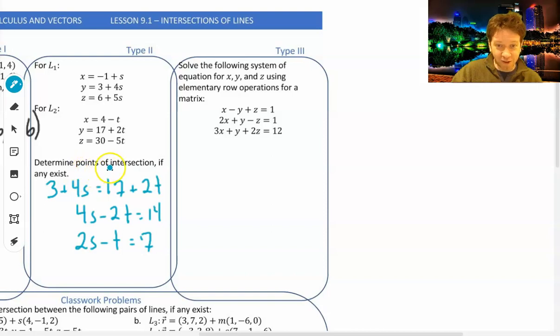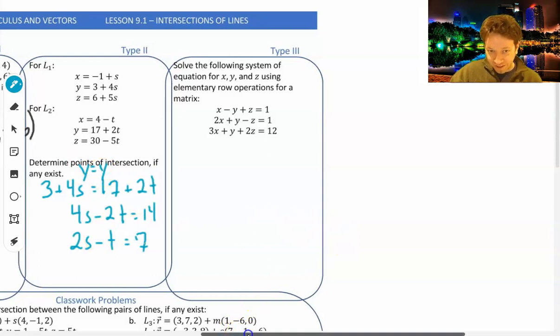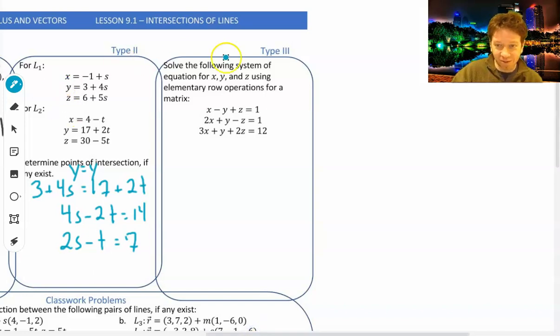So that's by equating y. So literally I just did y equals y from line 1 and line 2. And I'm just going to go over to the side a bit here. And I'll do the same thing with z. So I'll do z equals z, right, for line 1 and line 2.